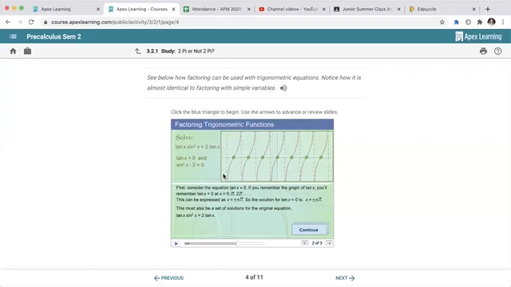Once we've gotten to the trigonometric function of tan, we're looking for where tan is equal to 0, and it only crosses 0 at 1 point, at intervals of pi. We know that it's crossing at intervals of pi, so we've got 0, pi, 2 pi, all of that fun stuff.